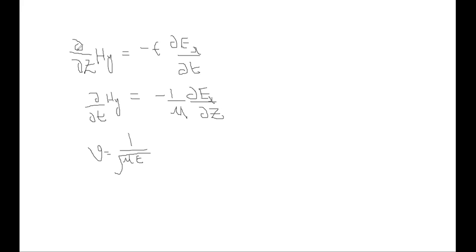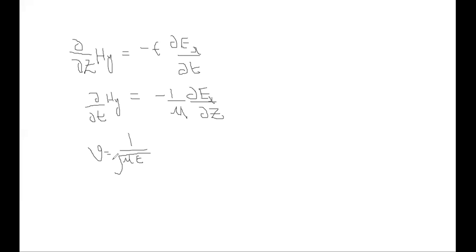So in the left hand side, both equations are with respect to z and with respect to t of Hy. Equating these two equations, dou square Ex by dou t square and dou square Ex by dou z square, minus into minus becomes plus mu epsilon, and dou square Ex by dou t square is equal to 1 by mu epsilon dou square Ex by dou z square.